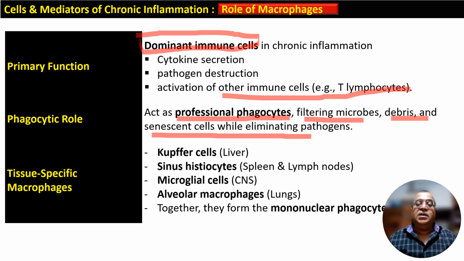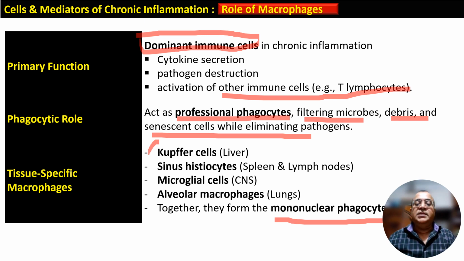They are a permanent member of the body policing system, and they form the mononuclear phagocytic system or reticuloendothelial system, and they are specifically present in some tissues to continuously filter out the invading agent or the damage that occurred to that particular tissue.